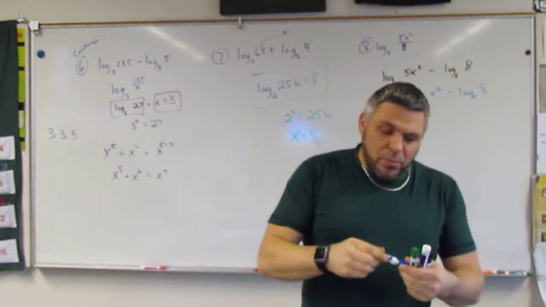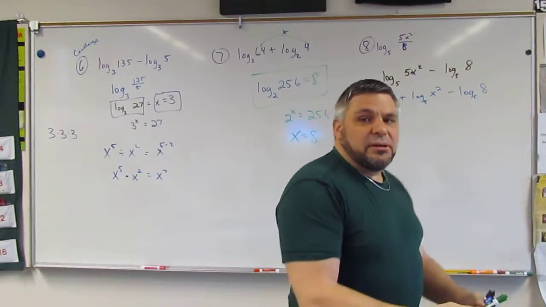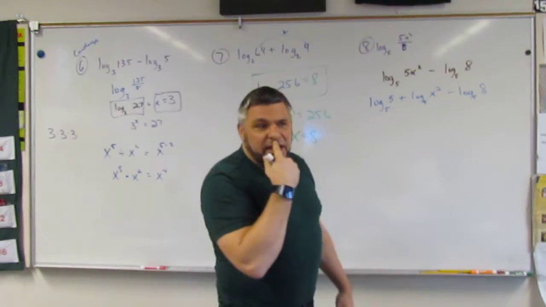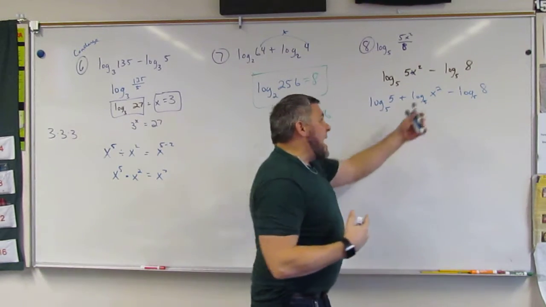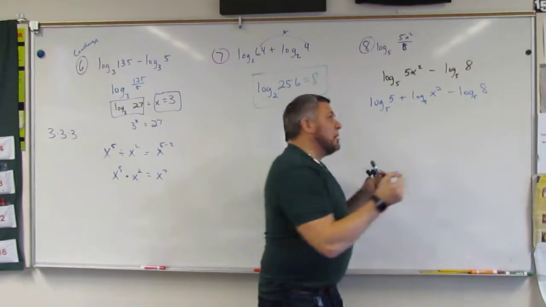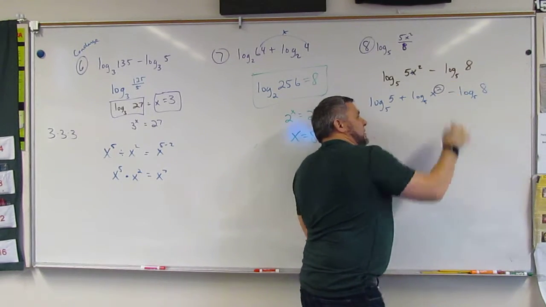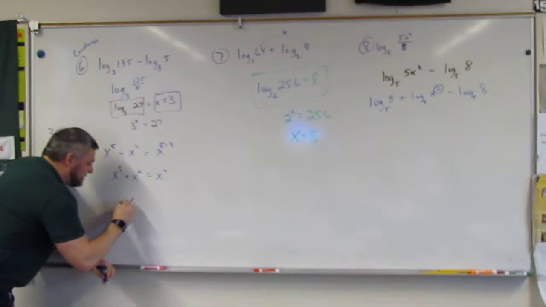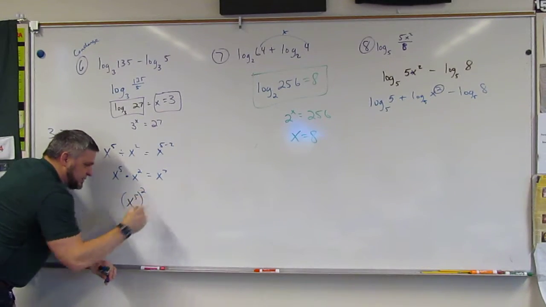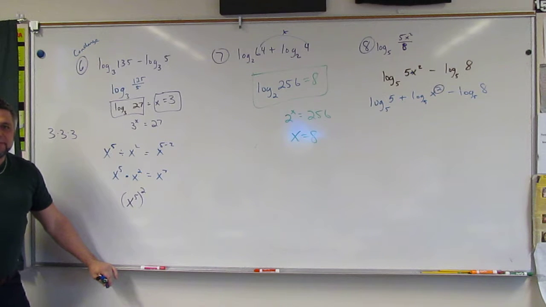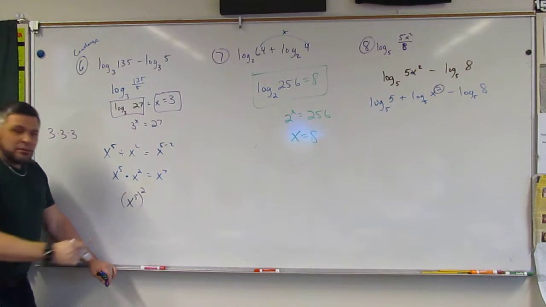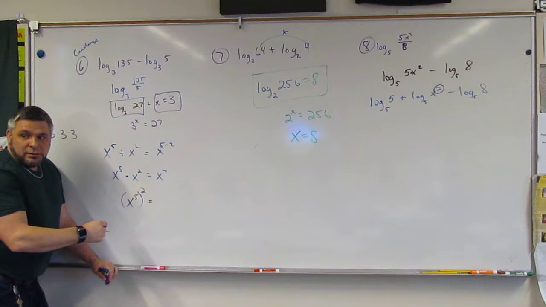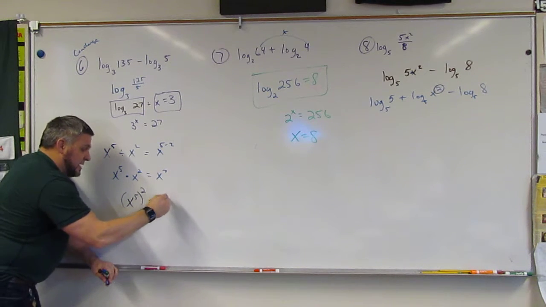Okay? So then I want to come back one more and go, what are we going to do with the power? What's happening here? We never talked about that. So if I take x to the 5th and I raise it to the 2nd, what happens? This turns into x to the 10th, yeah.